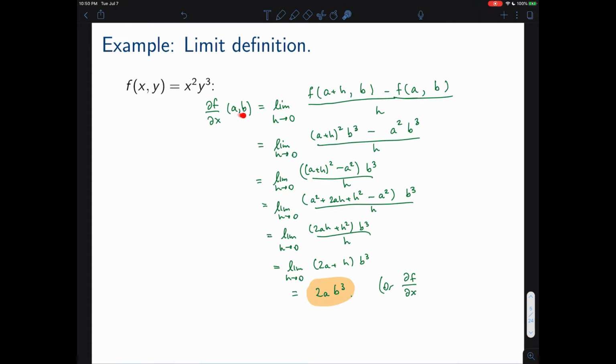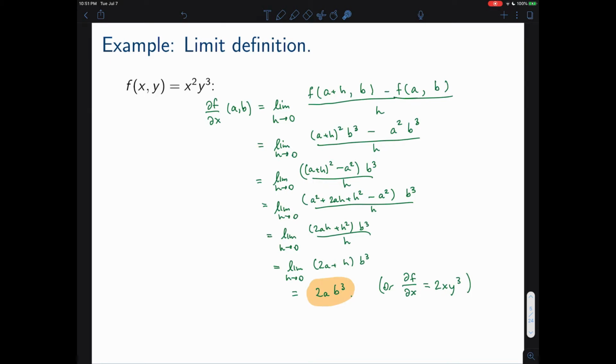So not plugging in a particular point, but just leaving it with x and y. I worked out this example with plugging in a point (a, b). Even if it was an unknown point, I still plugged it in, but you could just leave it with x y if that's what you wanted to do for whatever you're working on.